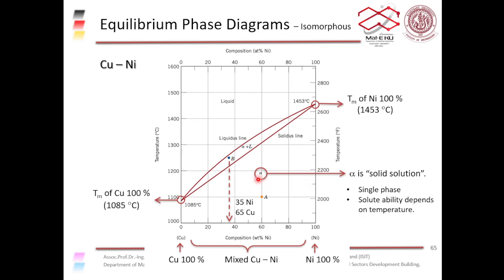The alpha phase in this case is a solid solution between copper and nickel, and it doesn't matter how much nickel or how much copper. Either way, you would get just the alpha phase, right? You get a single phase, and you can see that the solubility depends on temperature, right?